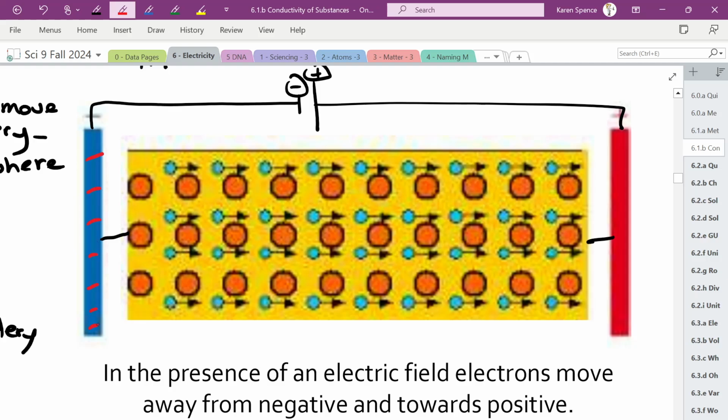What do electrons do when they see negative? Do they run towards or do they run away? Electrons run away from the negative, and they run towards the positive.